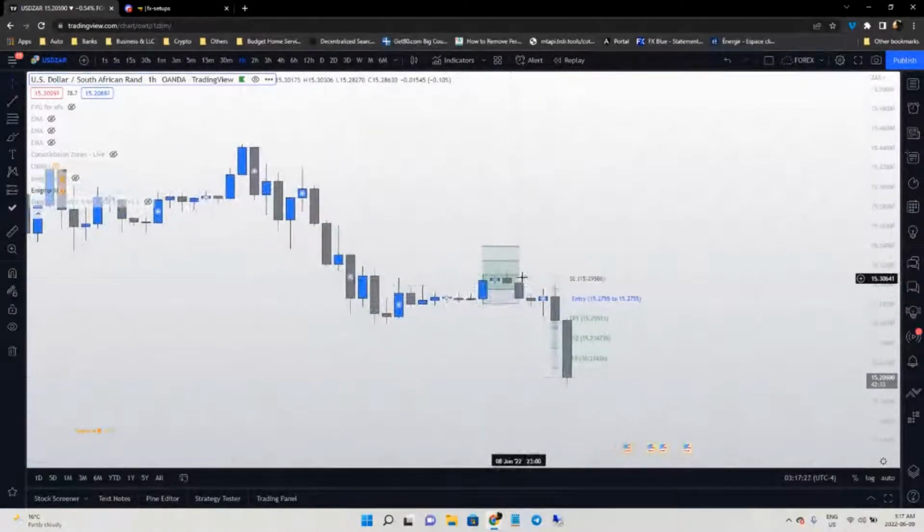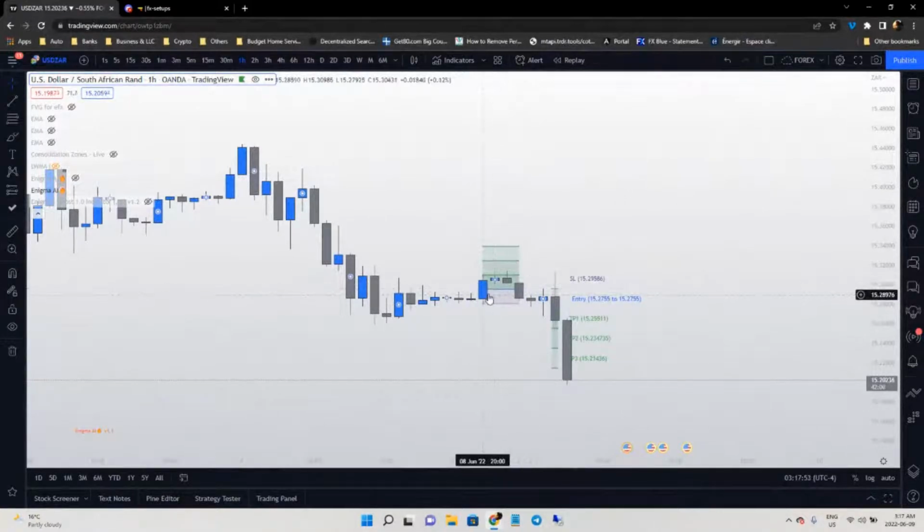The reason why you didn't see the setup here is that, with Fusion, the overall tendency of the USD ZAR was a downward setup. When it gives you an alert like that, if you don't have Fusion on and the filter, it's going to show you the buy setup.